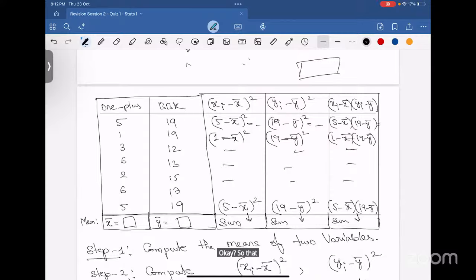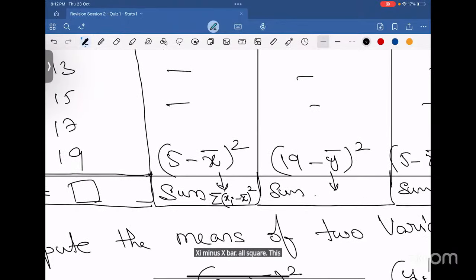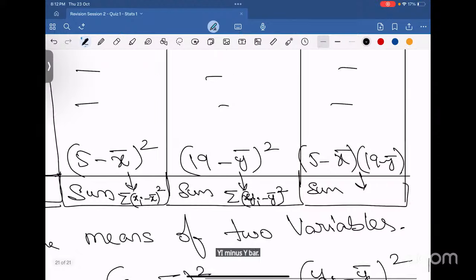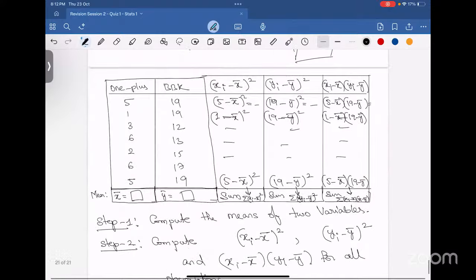So that sum will be summation xi minus x bar whole square. This sum will be summation yi minus y bar whole square. And this will be summation xi minus x bar into yi minus y bar. Okay. So this will be the numerator.